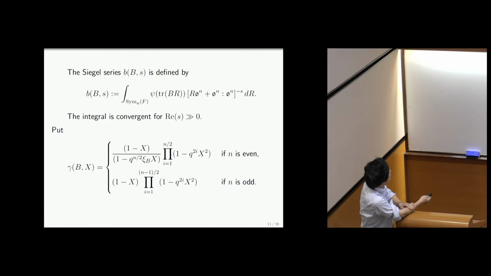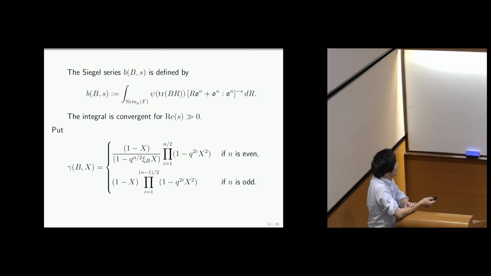Then we define gamma of B, X to be the polynomial defined by this. If n is even, it is (1 minus X) over (1 minus q to the n over 2 times xi B times X), times the product for i equal 1 to n over 2 of (1 minus q to the 2i times X squared).